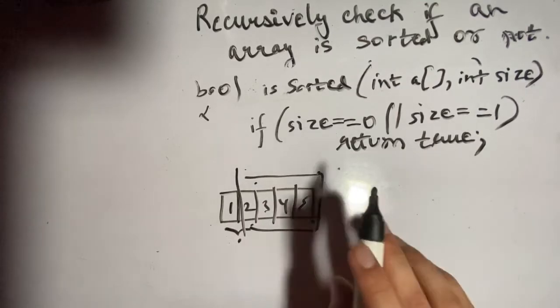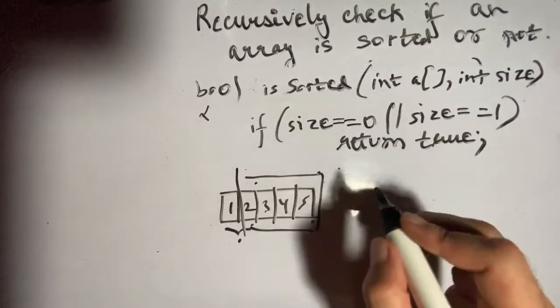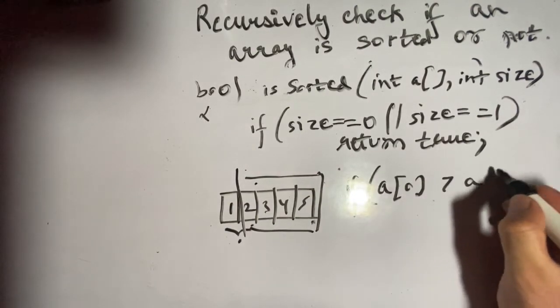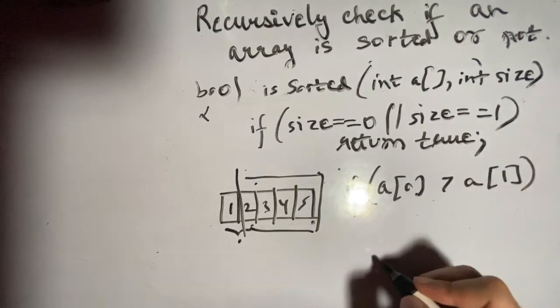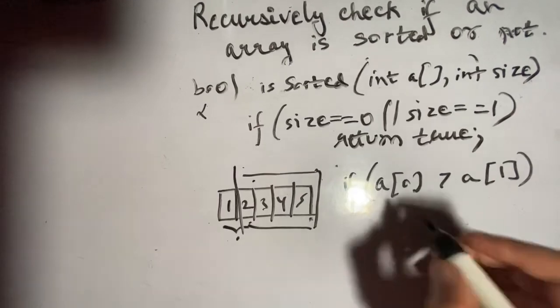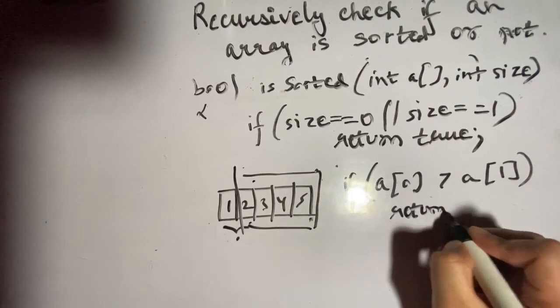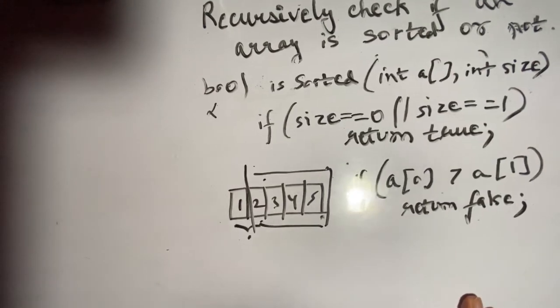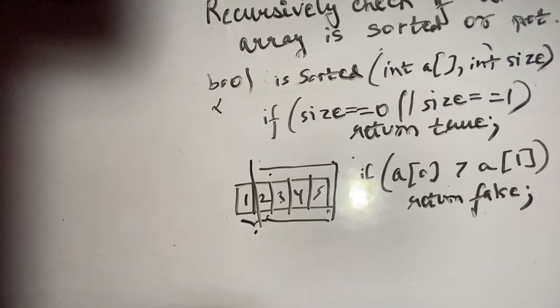Okay, let's see what I'm talking about. We'll first check that if array[0] is greater than array[1], then for sure we can say that the array is unsorted and there's no need to check ahead of those elements. So we'll simply return false here, right?